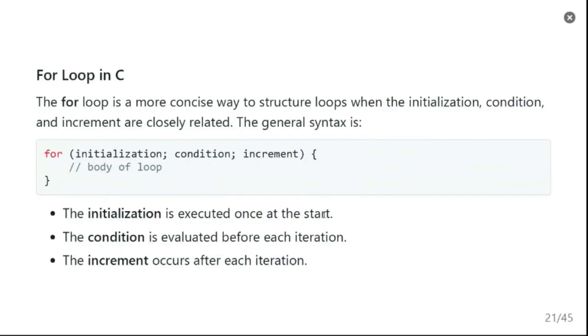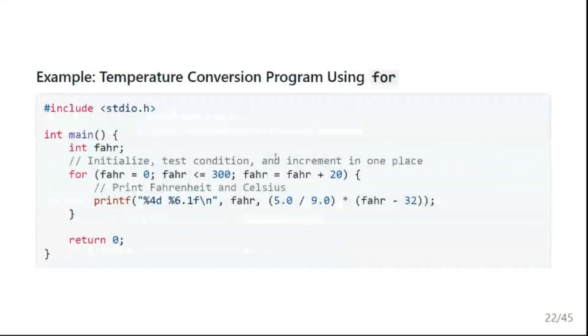All right, so now let's do a comparison and do the same code in C. In the C program, very similar to Java, we have an initial value, a condition, and an increment. That makes it actually more suitable for our case. For our case, we're ranging from 0 to 300 with an increment of 20, so that works very well for us.